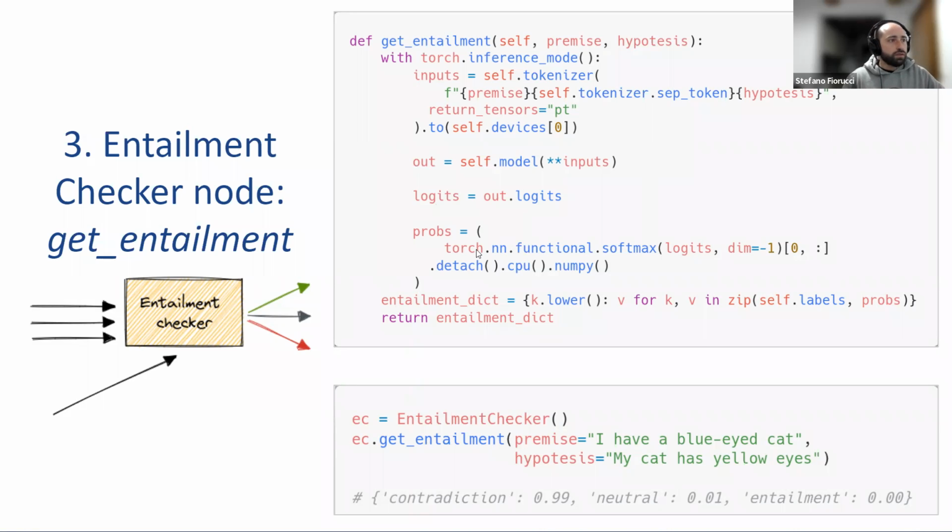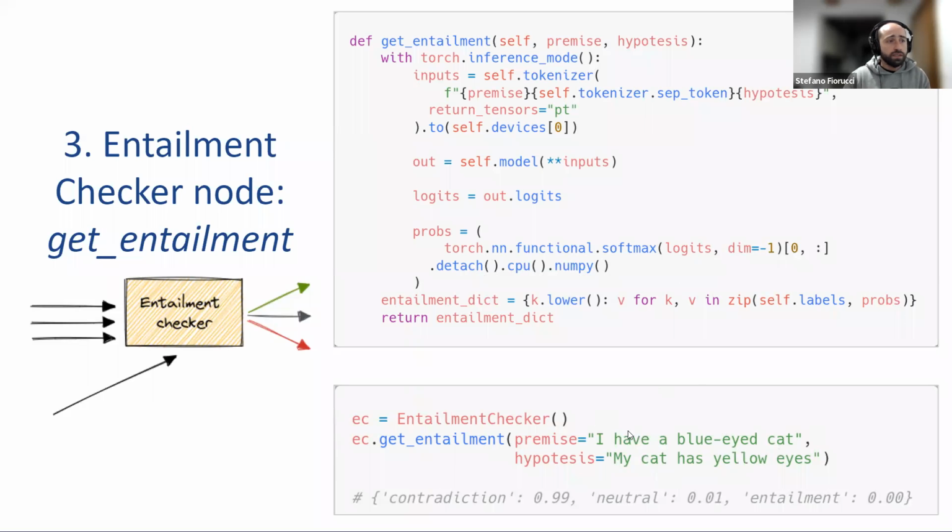So we have to introduce a softmax function, and so we compute these probabilities, and then we put them back to CPU, and we convert them from a PyTorch tensor to a NumPy array. The return value of this method is a dictionary that contains as keys the labels, so entailment, contradiction, and neutral, and as values the probabilities.